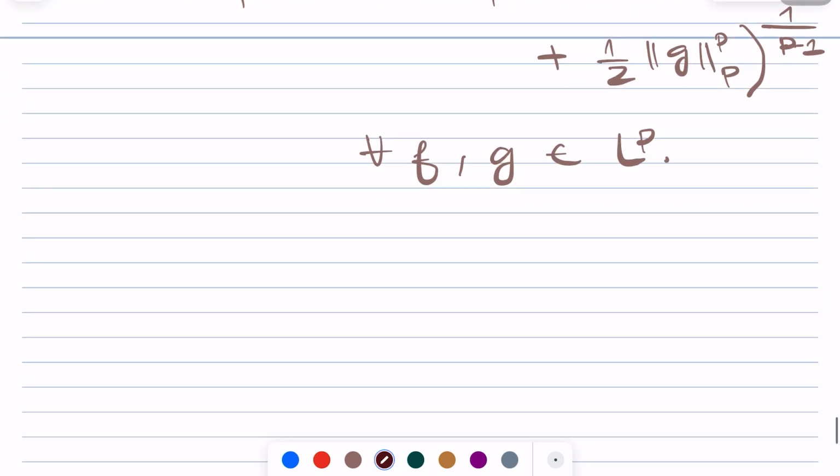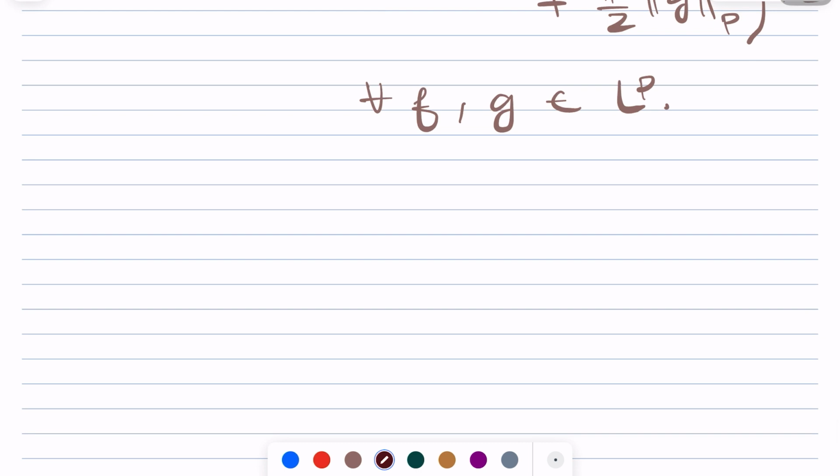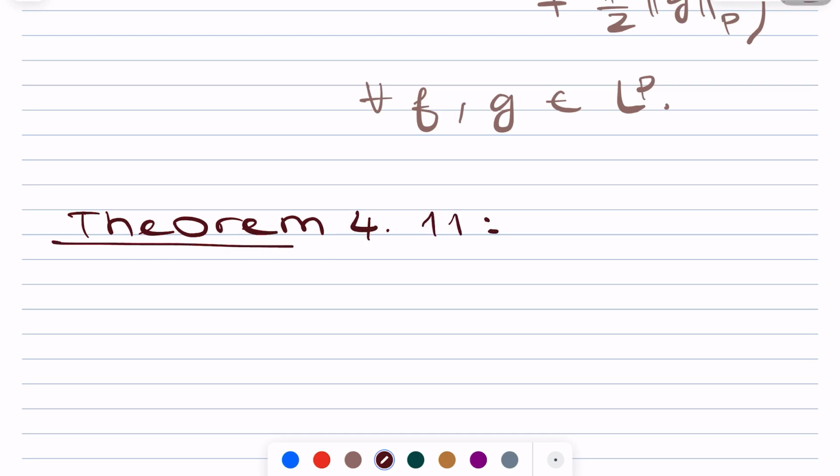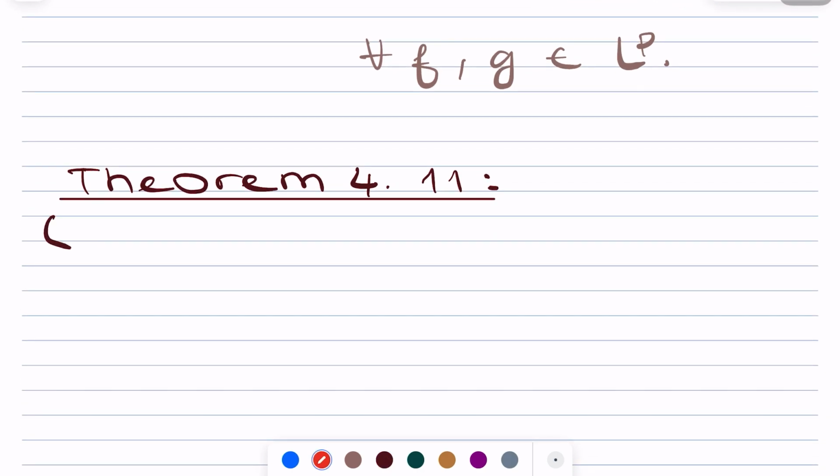Our second theorem is about the dual of L^p. So theorem 4.11, and this is the Riesz Representation Theorem.